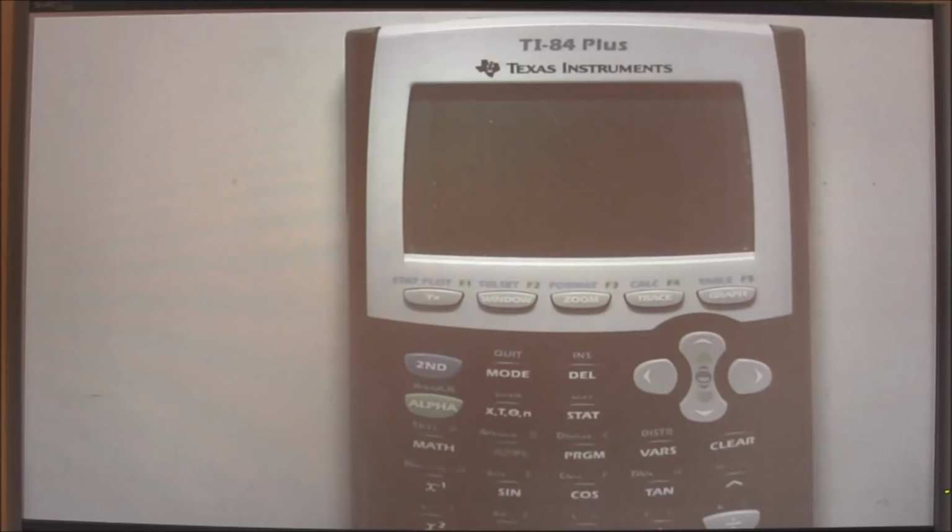You can? Okay, so I'm going to type in y equals x^5 minus 3x^3.